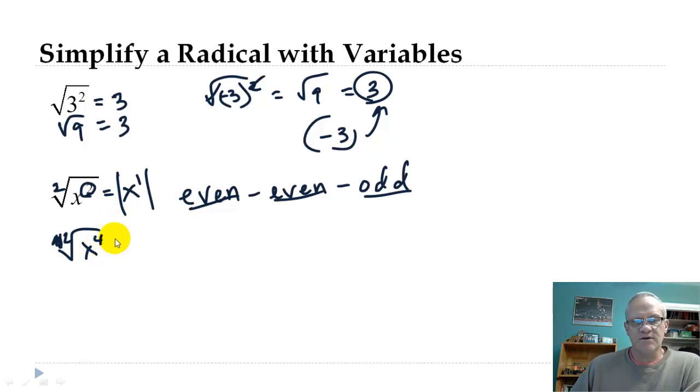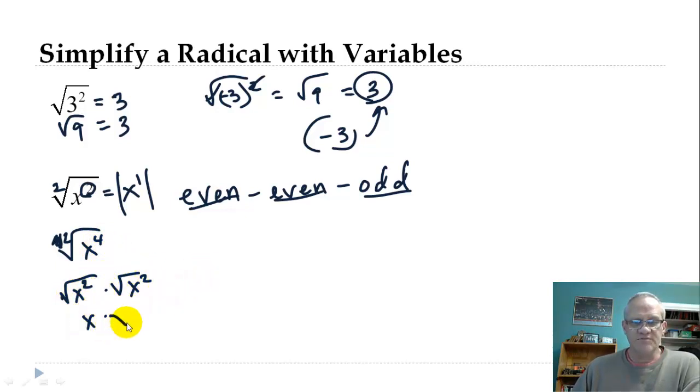what happens here is if you have x to the fourth and it's the square root like this, the simple way to do it is you notice they canceled, but really what happens here is we can think of this as the square root of x squared times the square root of x squared, right? x squared times x squared is x to the fourth. So we've really got this twice, which means we now have x times x, and we end up with x squared.